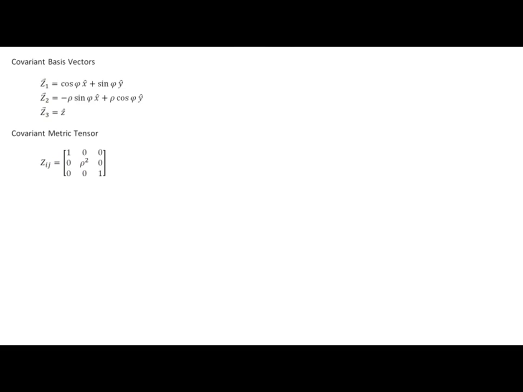Okay, if we want the magnitude of our basis vectors, it's this. Take the square root of each diagonal term to get the magnitude of those vectors. And then we'll move on to the metric equation. So ds squared is going to be z11, which is 1, times dz1 dz1, which is going to be d rho squared.